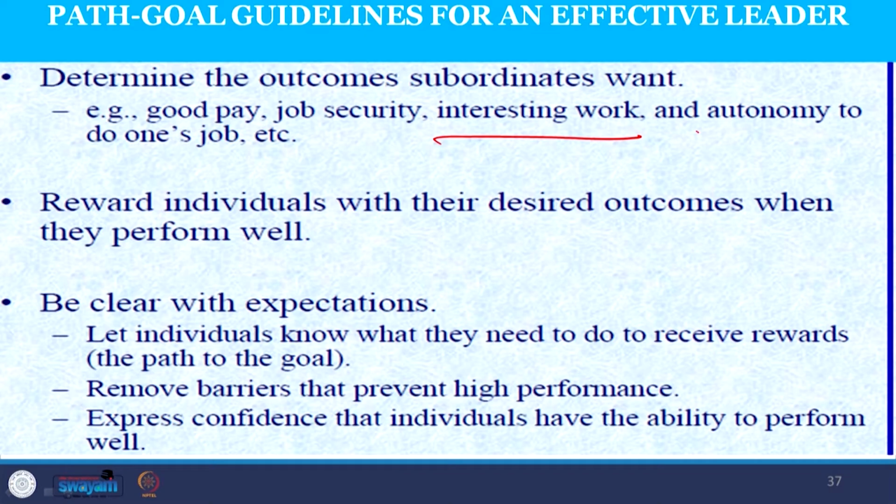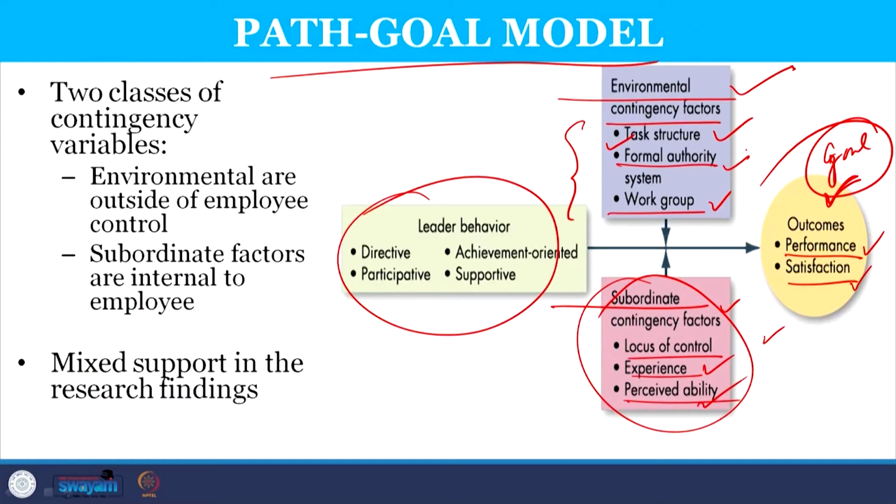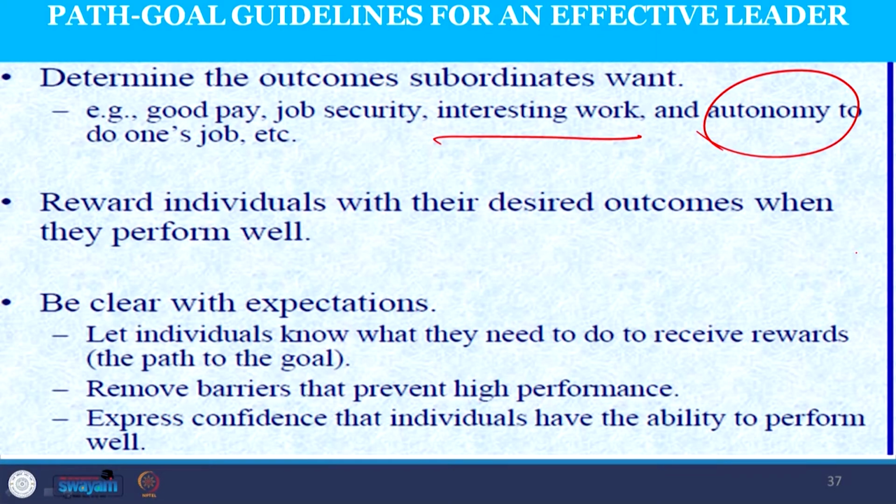How much autonomy is given to the subordinate? So, the effectiveness depends on satisfaction of the subordinate, which is determined by the salary or good pay, the security given in the job, how interesting the work is, and autonomy to do one's job.